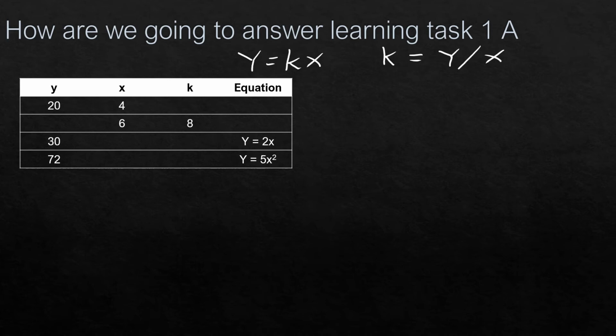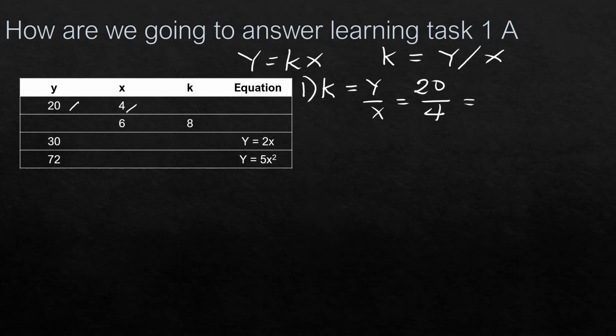Let's have the first line. Ang nawawala po dito is the constant and the equation. So, we need to find the constant. It's y divided by x. Ang gagawin po natin, divide lang natin. Yung y natin ay 20 at ang x ay 4.